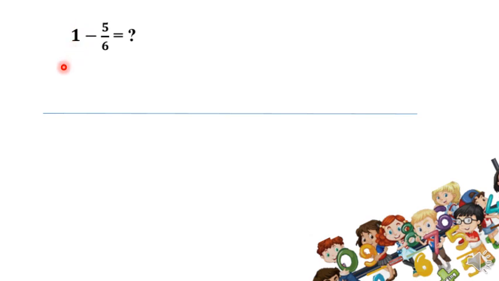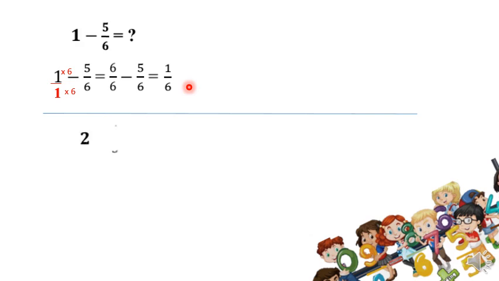Or you can use the same way, put it over 1 and multiply the numerator and the denominator by 6, similar to this denominator. This is the first fraction, so it will be 6 over 6 minus 5 over 6. Keep the same denominator and subtract the numerators, which will give me 1 over 6.